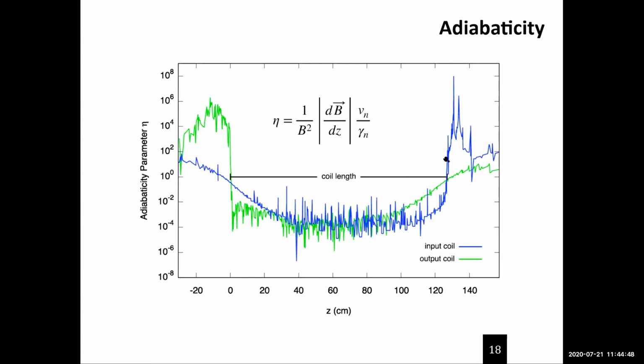That's when the neutrons enter the magnetic shielding region. And then for the output coil, we have a non-adiabatic transition at the entrance when neutrons exit from the magnetic shielding region, and then the transport after that is adiabatic.